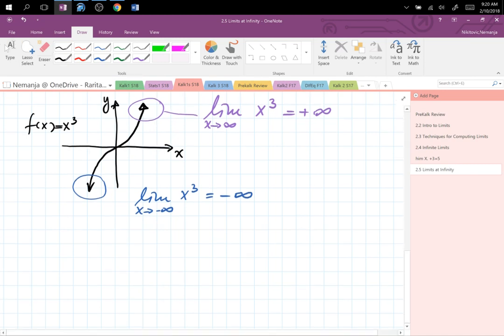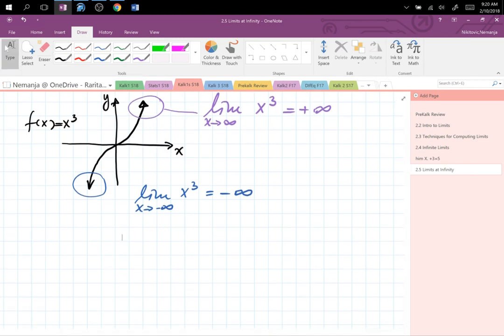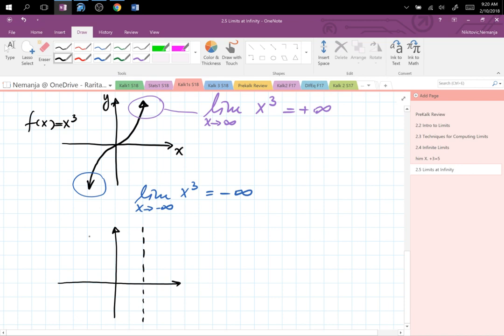Can anyone tell me why this concept does not work on tangent? As I draw a tangent over here. I draw these vertical asymptotes and I draw a single tangent squiggle here.